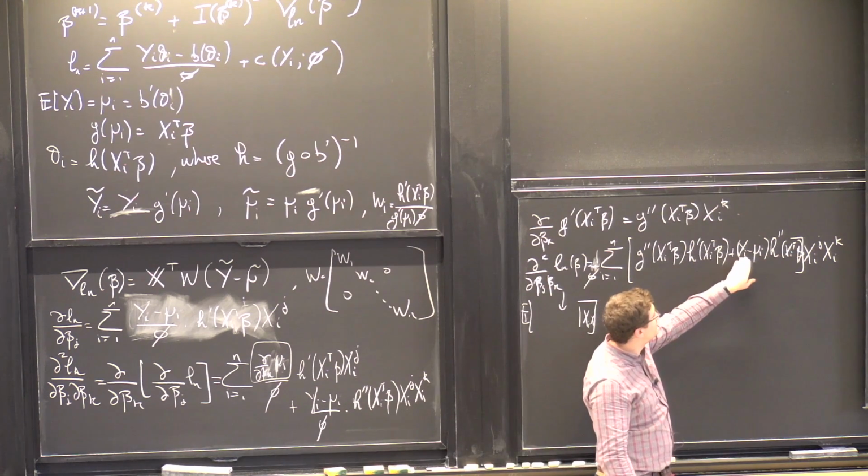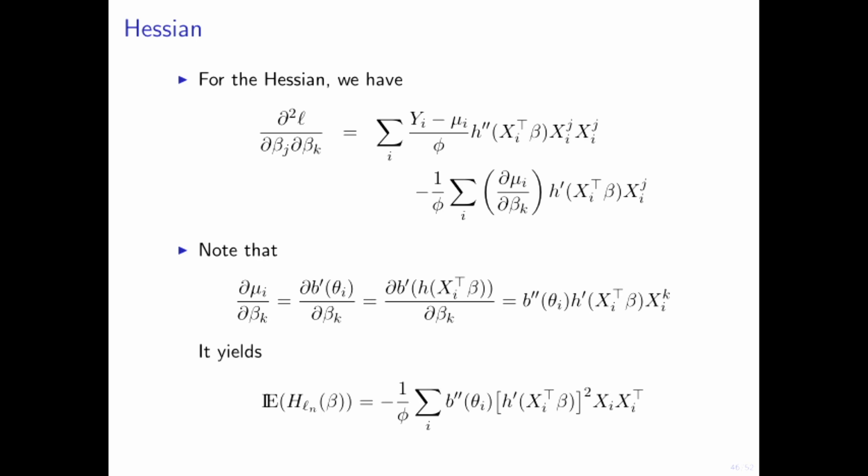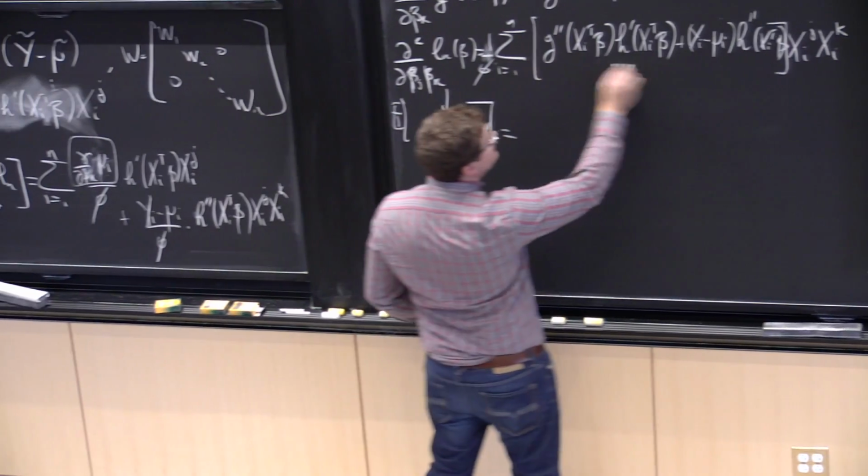But what is the conditional expectation of yi minus mu i times this guy, conditionally on xi? 0, right? Because this is just the conditional expectation of yi, and everything else depends on xi only, so I can push it out of the conditional expectation. So I'm left only with this term.